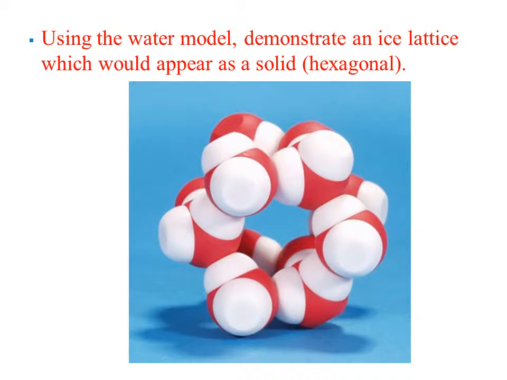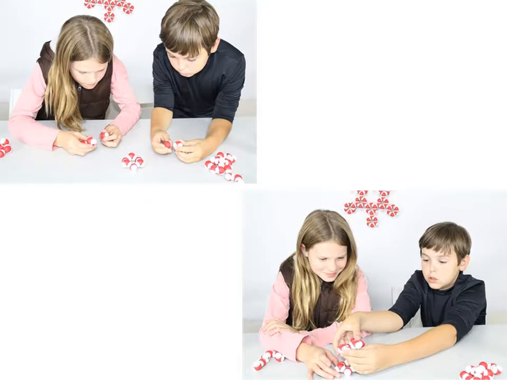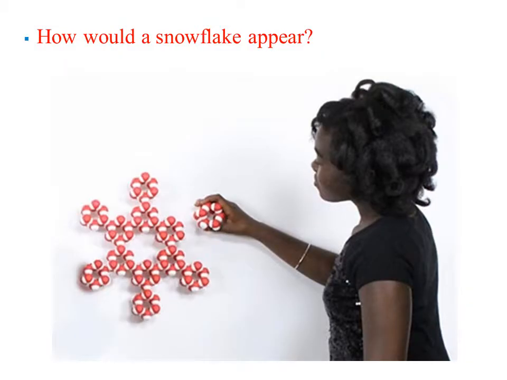This should be a hexagonal shape when you take several of those water model kits and put them together. Even kids can do it, so it's easy. This is how a snowflake would appear. Create several of those hexagonal structures with the models and then piece them together, and this is how a snowflake would look.